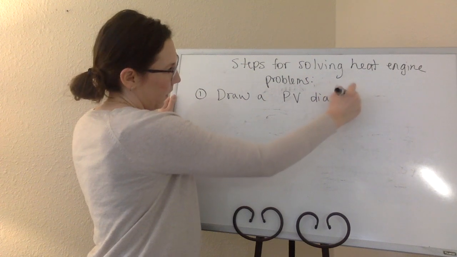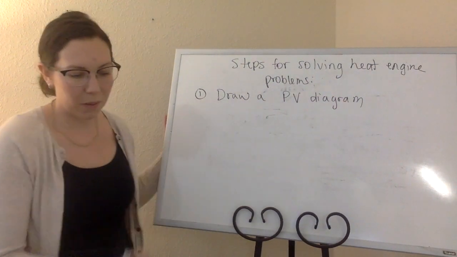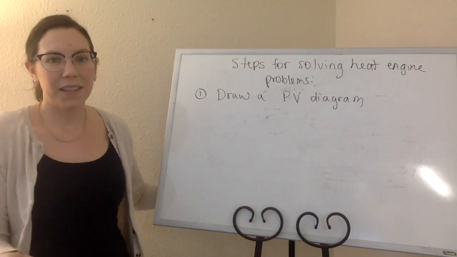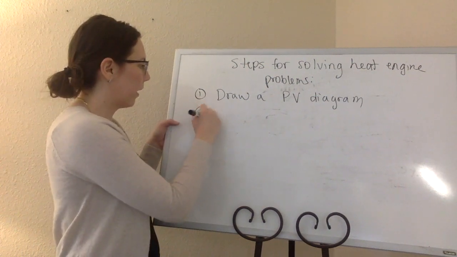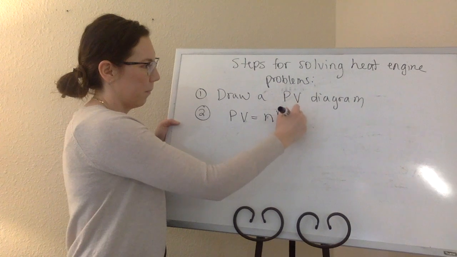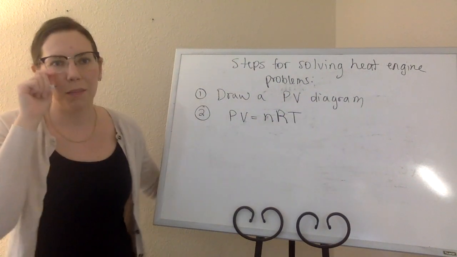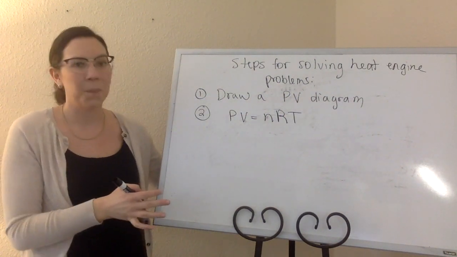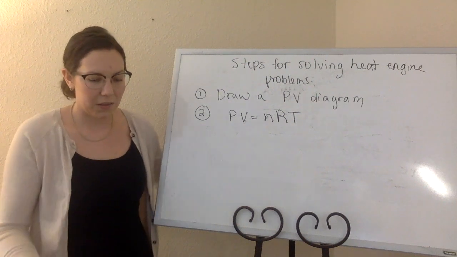It really helps to have a visual of the process. Then we'll use the ideal gas law in order to calculate any missing information for each state. You can make a chart here if it helps and find the pressure, the volume, and the temperature at each state.